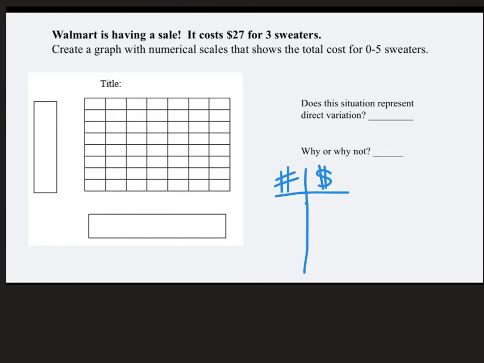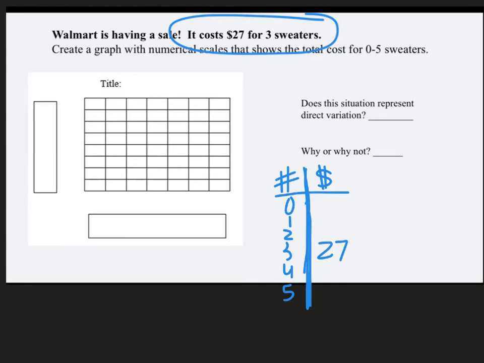And they asked us to find the cost of 0, 1, 2, 3, 4, and 5 sweaters, but they only told us that the cost of 3 sweaters is $27. So first thing I need to do is figure out my unit rate.